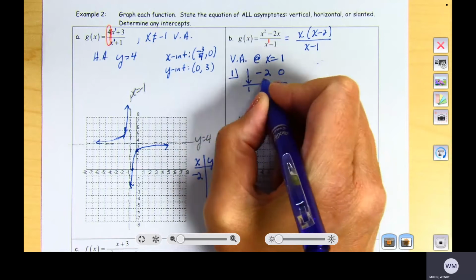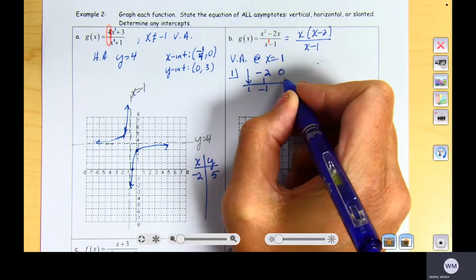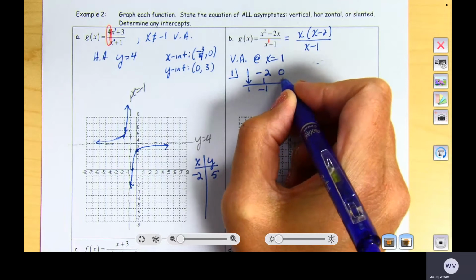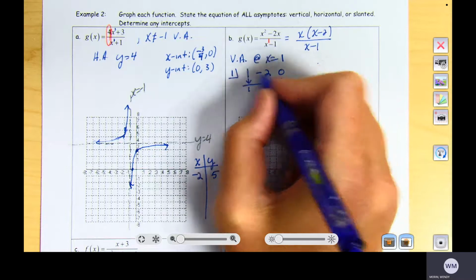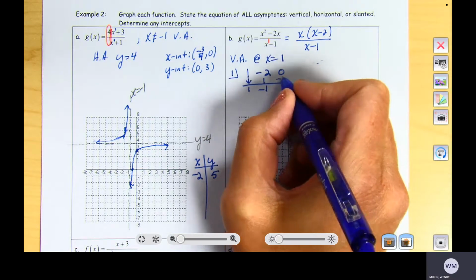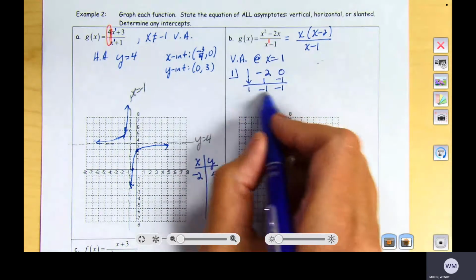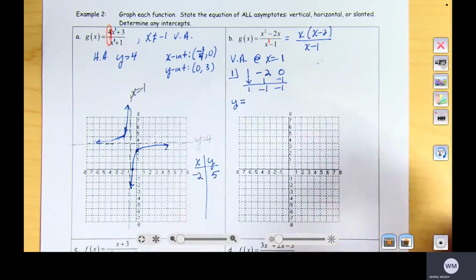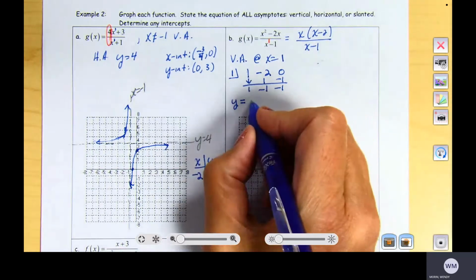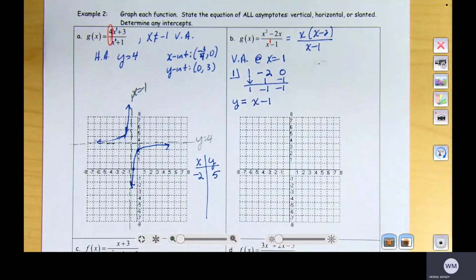So 1 times 1, -1 times -1, is -1, so a remainder of -1. So my slant asymptote is y equals x minus 1. Now what happened to the remainder? That's your slant asymptote.